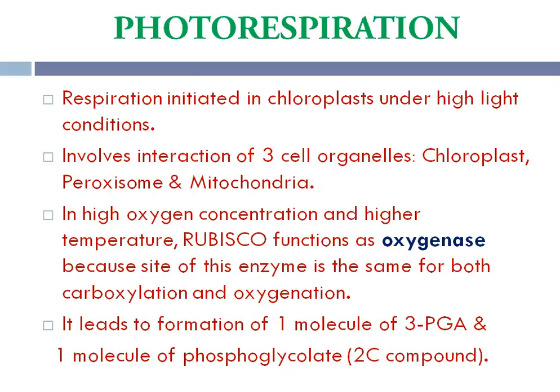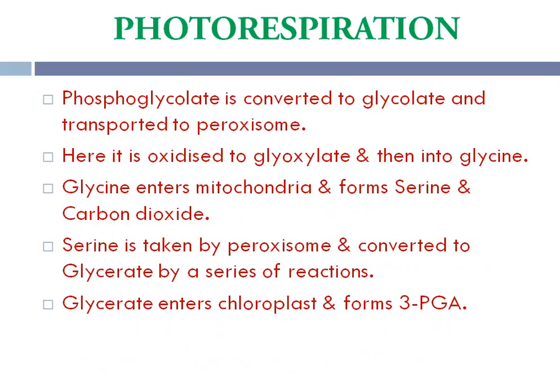So it leads to formation of one molecule of 3-PGA, that is 3-phosphoglyceric acid, and one molecule of phosphoglycolate, which has 2 carbon. Phosphoglycolate is converted to glycolate and transported to peroxisome. In peroxisome, it is oxidized to glyoxylate and then into glycine.